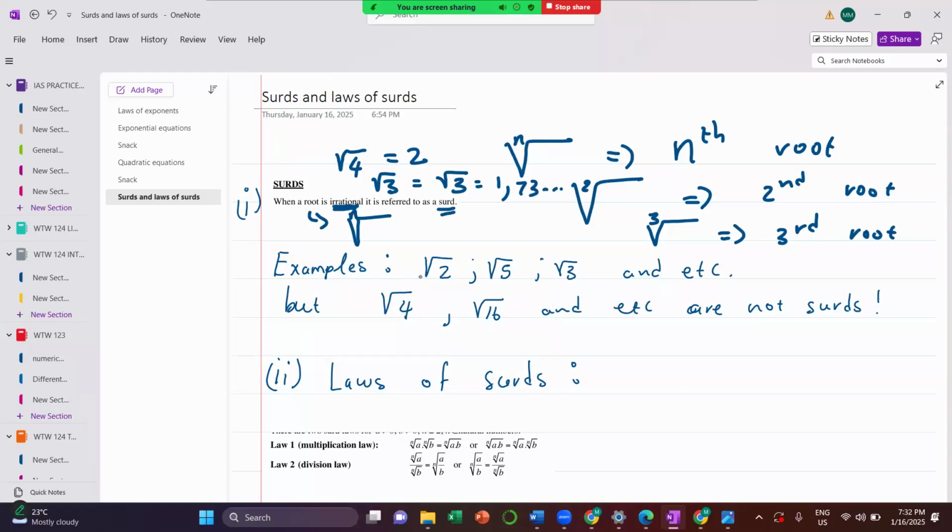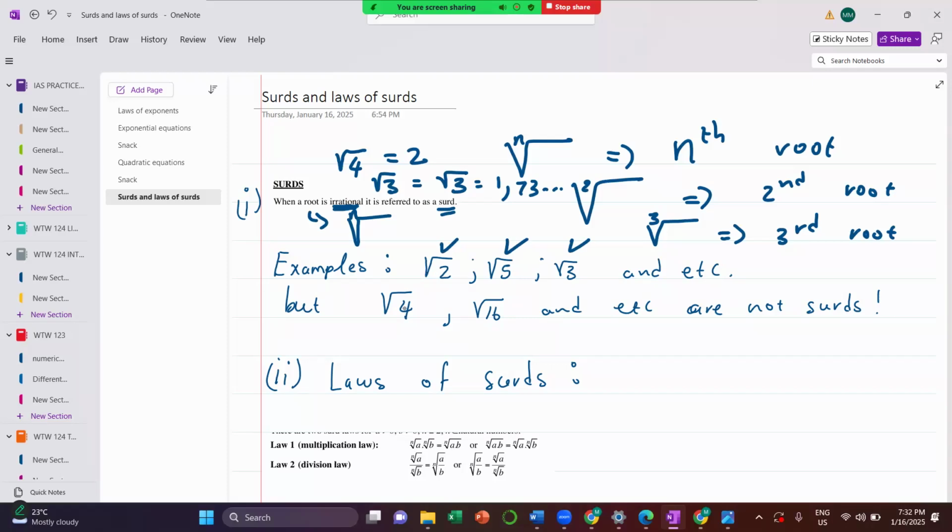So now moving on. Examples: you know that the square root of 2, when you put it in the calculator, you're going to get a lot of decimals, 1.4142. So this means that this is a surd. Square root of 5 is a surd because I'm going to get 2.23. Square root of 3 is a surd. But look, if I punch in the square root of 4, I get 2.